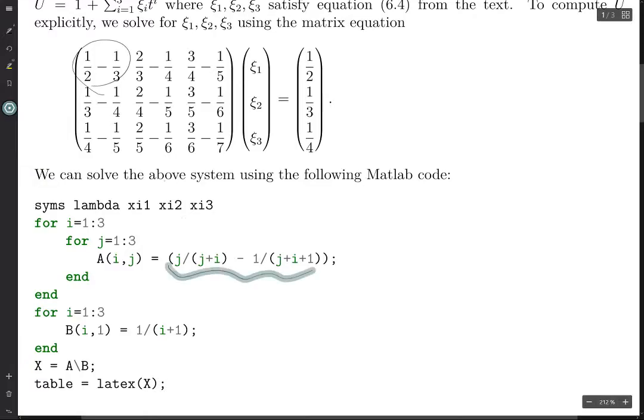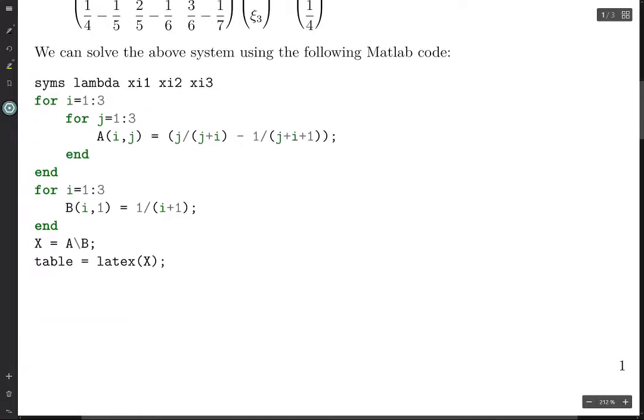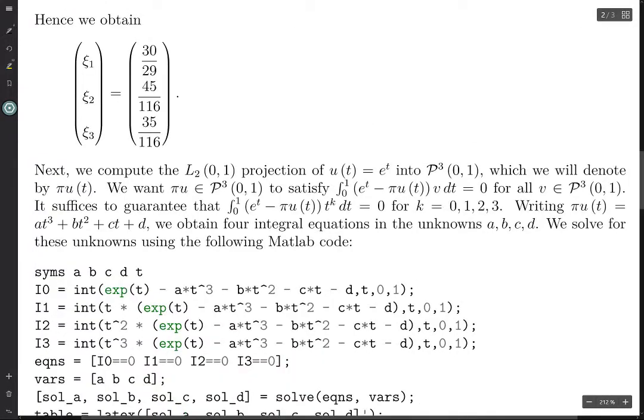So this is Ax equals b. You make A, then you make b, and then you just solve for x. You don't use any fancy methods, you just use the built-in MATLAB solver. Of course, I made an extra thing here that makes it easy to transfer it into LaTeX so that we get this.